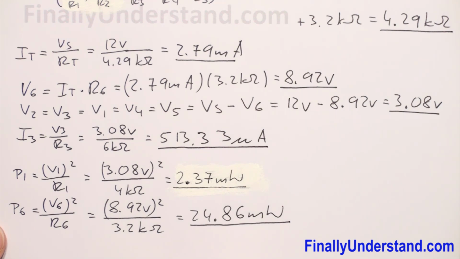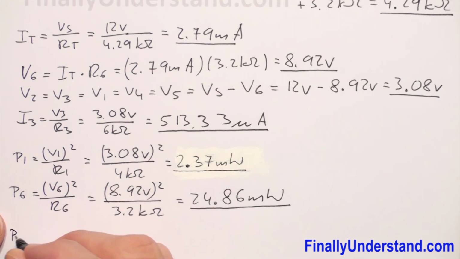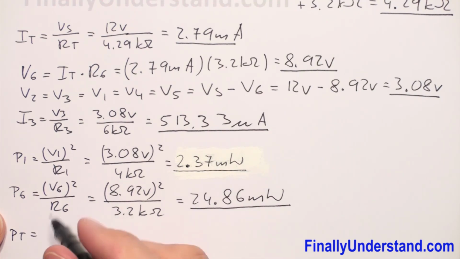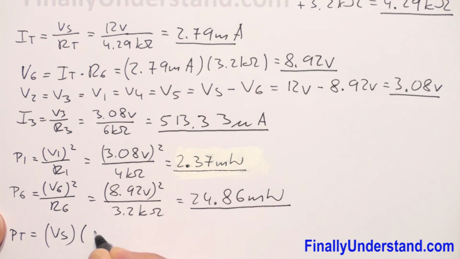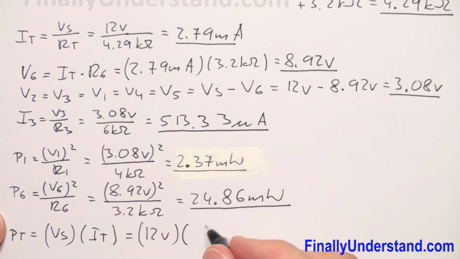Next, we're supposed to find the total power. P total is equal to the voltage source times I total. The voltage source is 12 volts times I total, which is 2.79 milliamps.